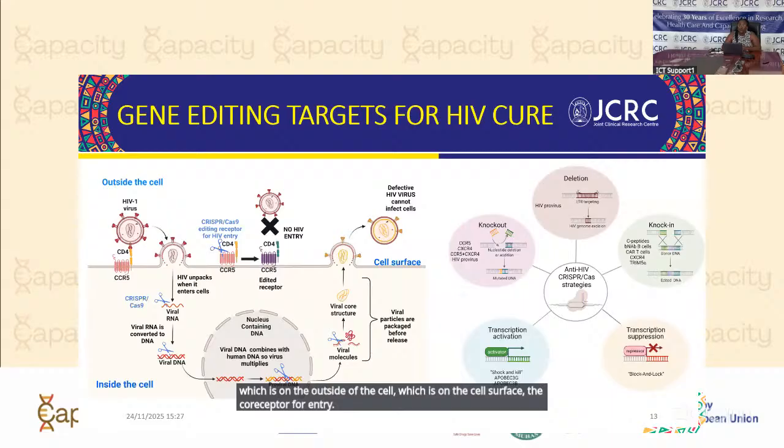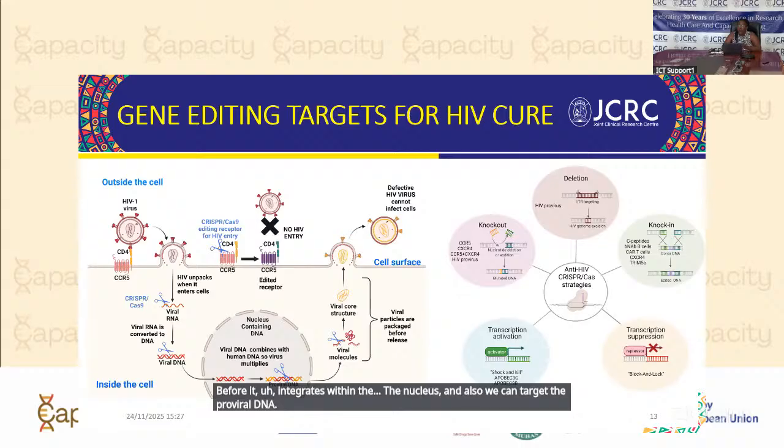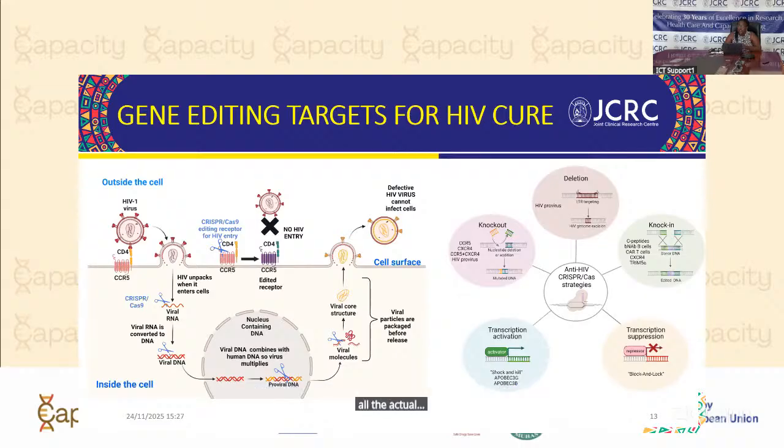We could also target the viral RNA before it's converted to DNA within the cell. We could also target the viral DNA before it integrates within the nucleus. And also we can target the proviral DNA, all the actual viral molecules before they are released out by the cell.